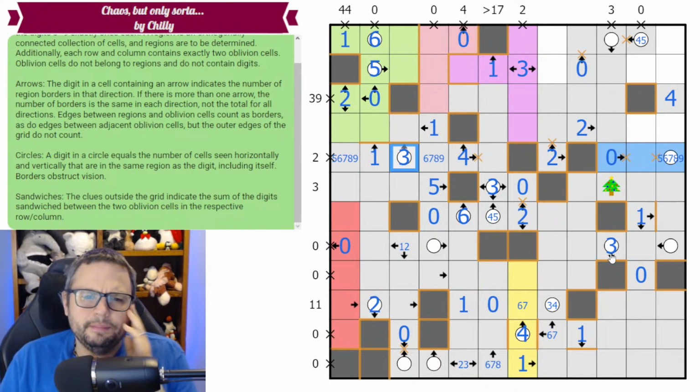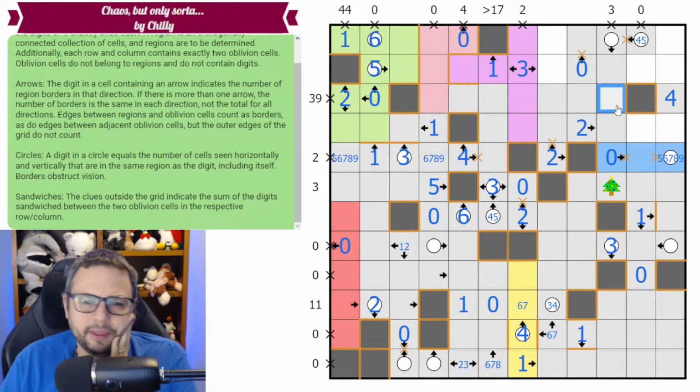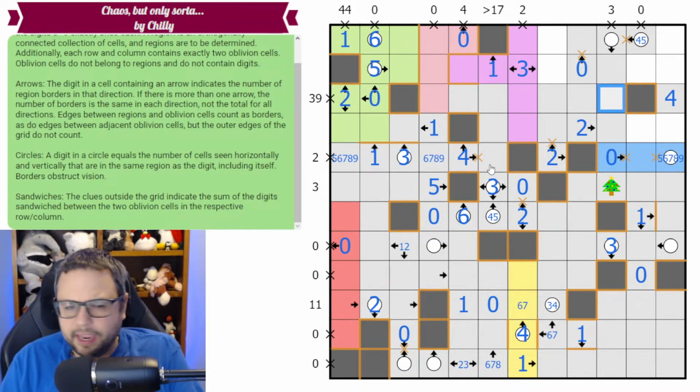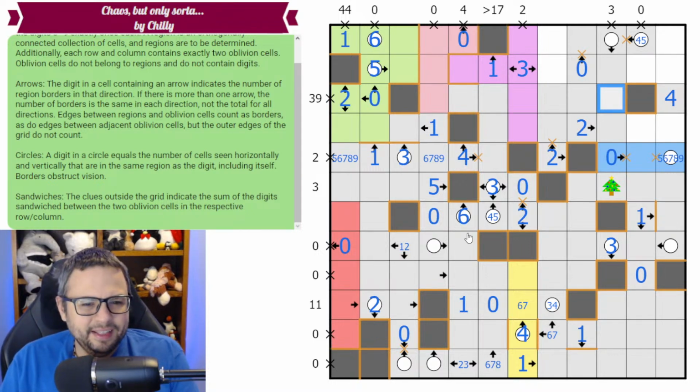I will say my brain just has an impossible time reading the fact that this is both an arrow and a circle. For all the cells that are both arrows and circles, my brain just rejects the idea of thinking about the fact that they are both. And then I end up uncertain until chat points out that that circle is also an arrow, or that arrow is also a circle.